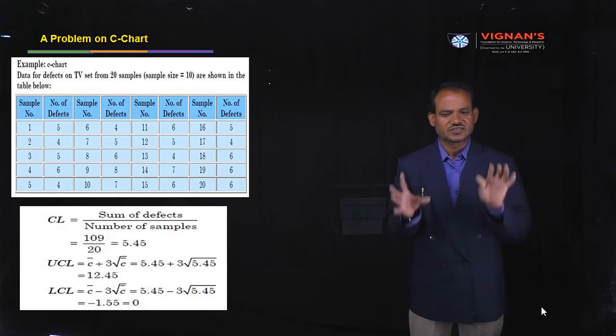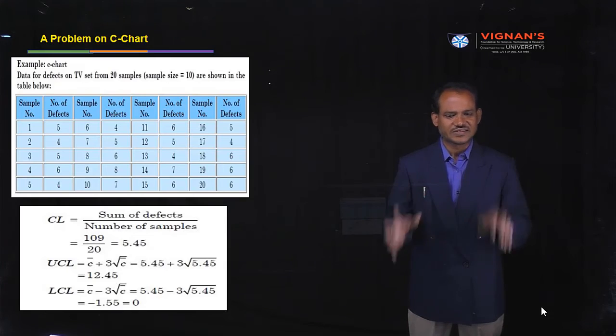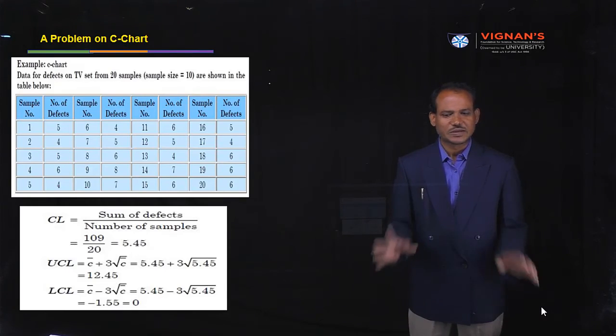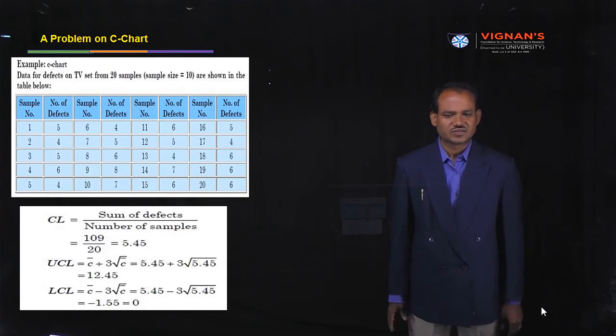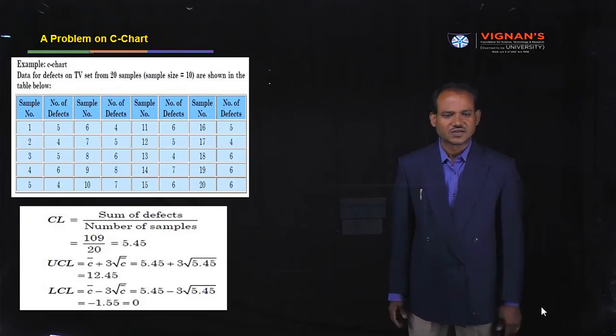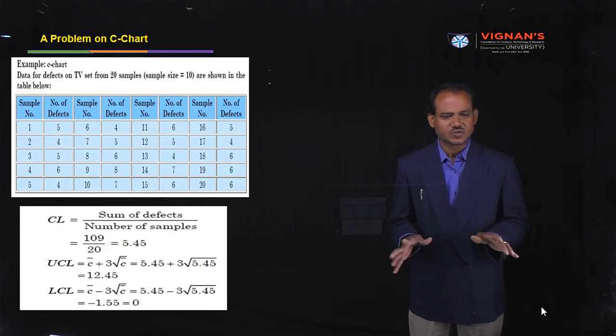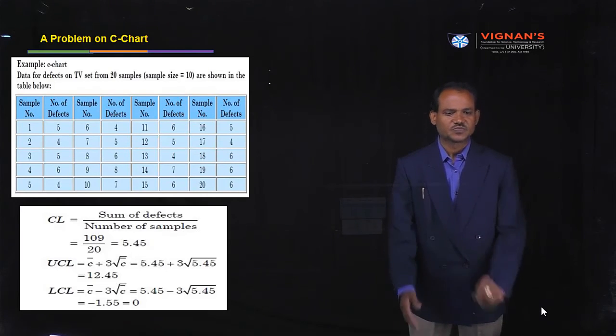The difference is sign change. C bar minus 3 into square root of C bar. In the case of LCL, sometimes we may get negative values. That means minus 1.55. So you can make it minus value into 0. Make it 0.